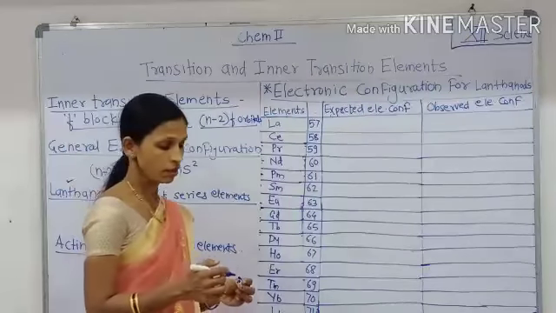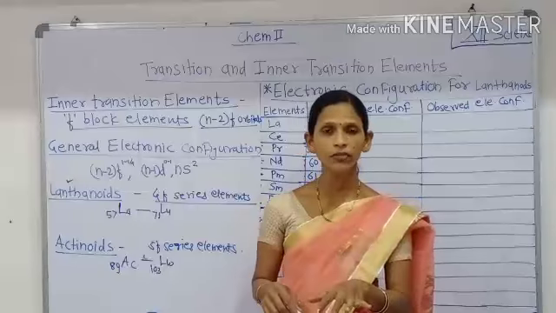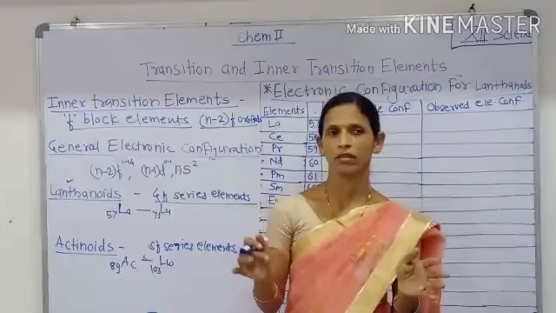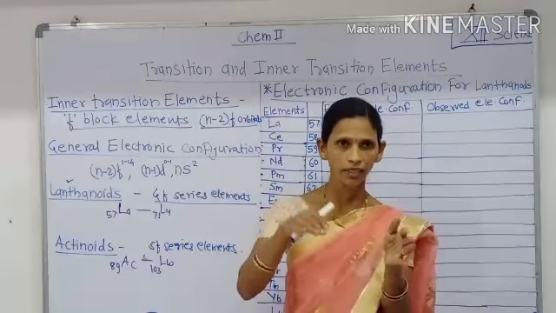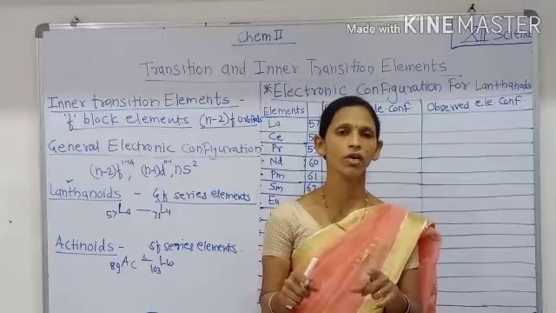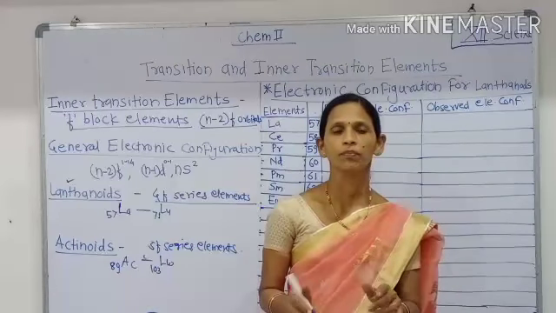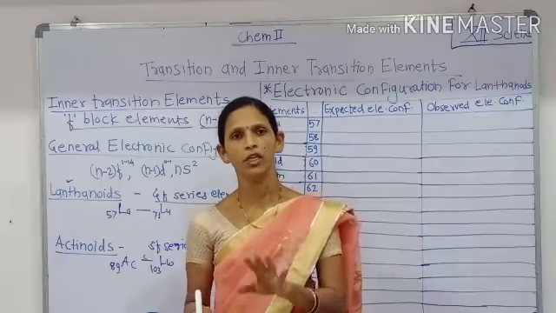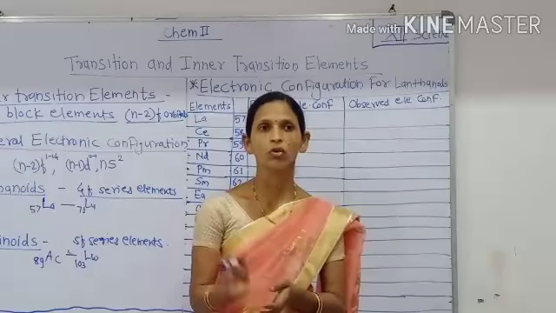The inner transition elements lie between the d block and s block elements, and these elements lie deeply inside the d block, therefore they are called inner transition elements. Here the n-1 d orbital, the penultimate d orbital, contains 0 or 1 electrons.